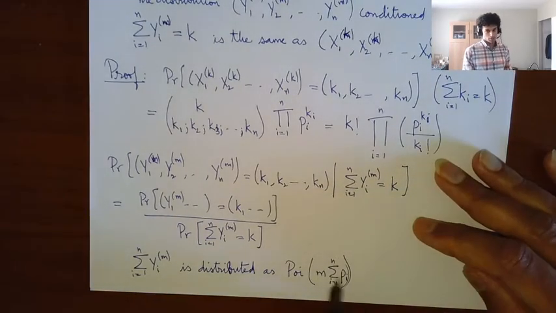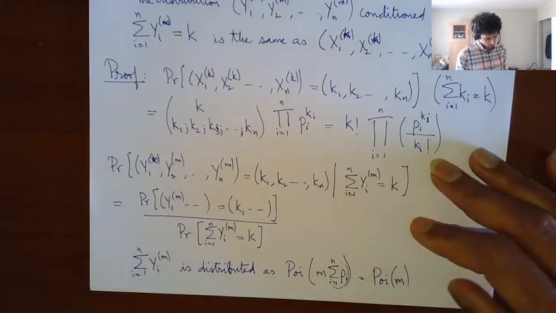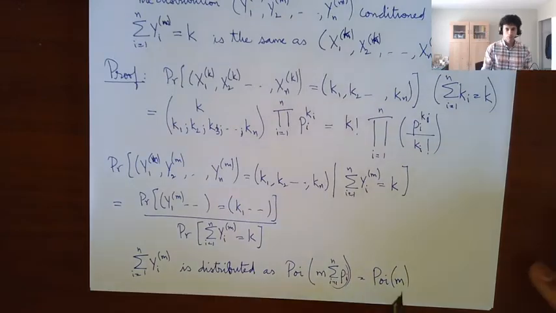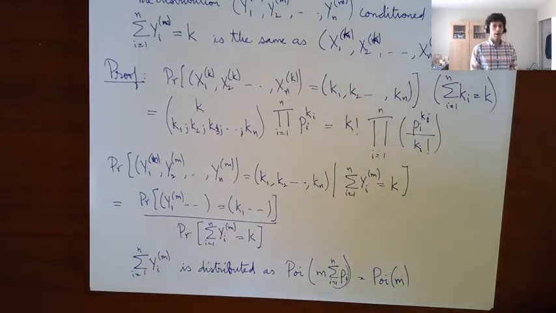So this is the same as a Poisson with parameter m. For now, you're going to have to ignore the asymptotics I discussed. There's no asymptotics here. This is an equality.